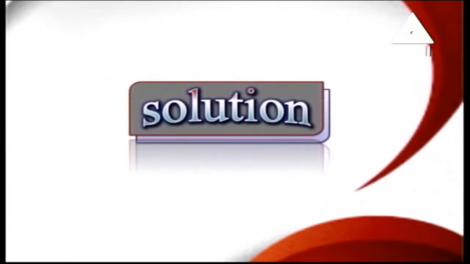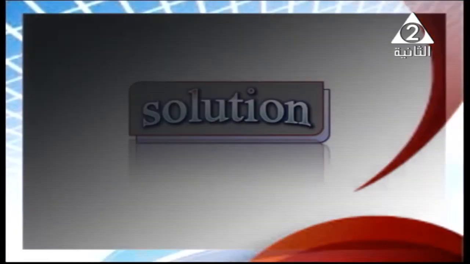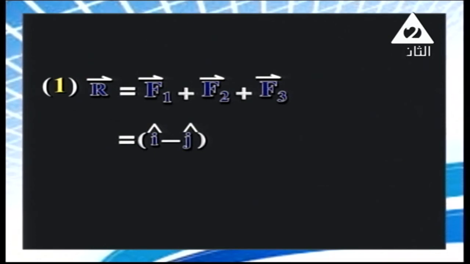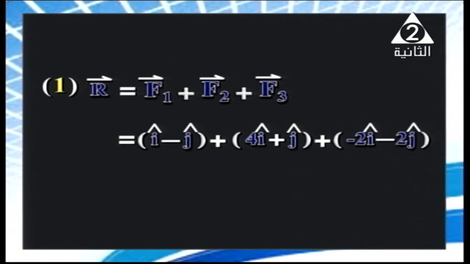My dear student, look at our resultant of the forces. F1 vector plus F2 vector plus F3 vector equals the summation of the 3 forces, component of I plus component of J: R vector equals 3I vector minus 2J vector.